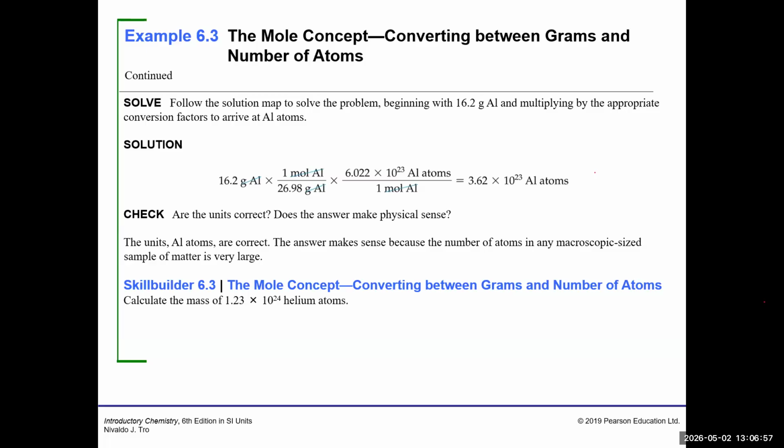I've also gotten 8.16 grams. So that means everybody is correct. All right. Everybody is correct. So how did you get the answer? Who can tell us how he got his answer?